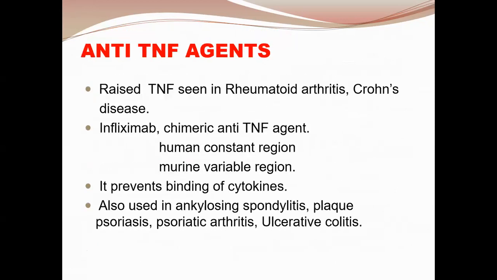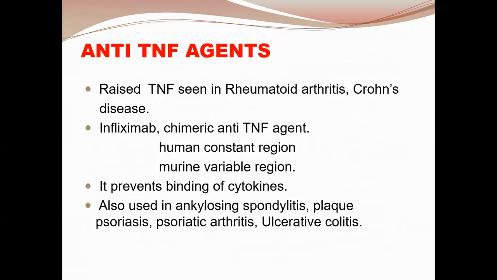Then we have anti-TNF agents. So what are these anti-TNF agents? There is a raised TNF seen in rheumatoid arthritis and Crohn's disease. And the drugs which are used for the treatment of Crohn's disease and rheumatoid arthritis are infliximab, which is a chimeric anti-TNF agent. It has a human constant region and murine variable region.